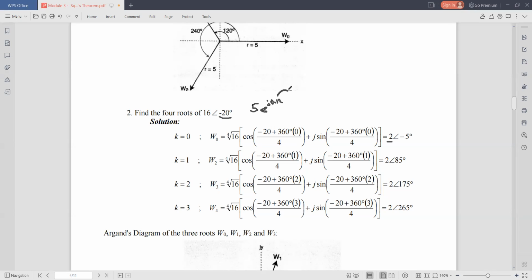You need to convert this radians into degrees, and then you put it here so you can add the 360 degrees. Then for this one, since this is your magnitude, just copy it here.